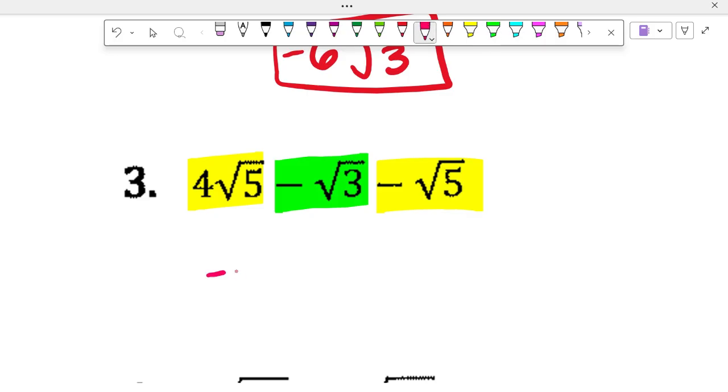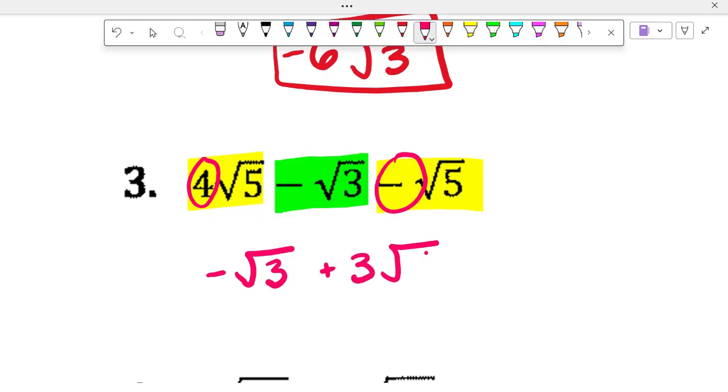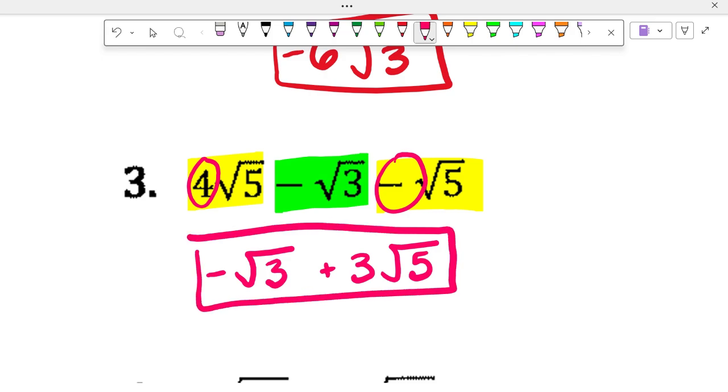So we would start by bringing down the square root of 3, and it's negative. Now, if I add the 4 and the -1 together, what would I get? Plus 3 square root what? 5. And it's okay if you leave that as an expression, as long as it's brought down to its simplest form.